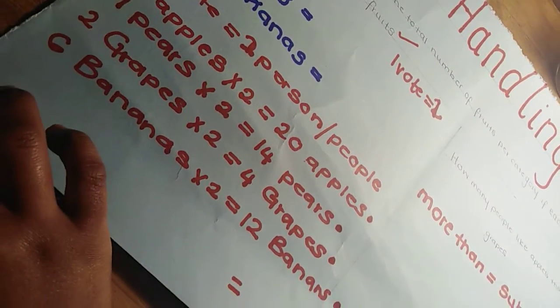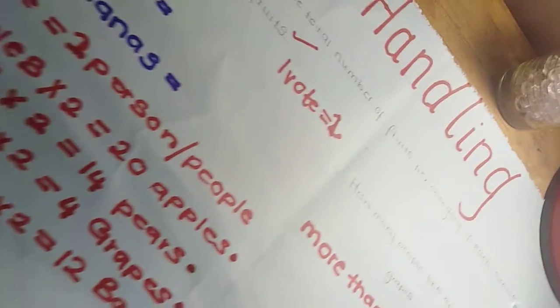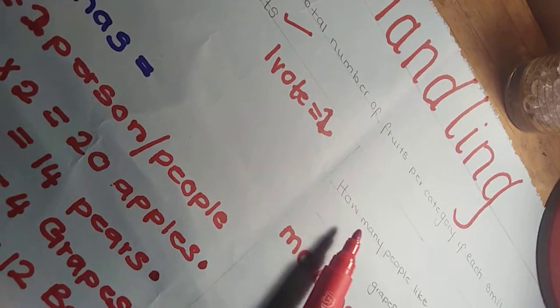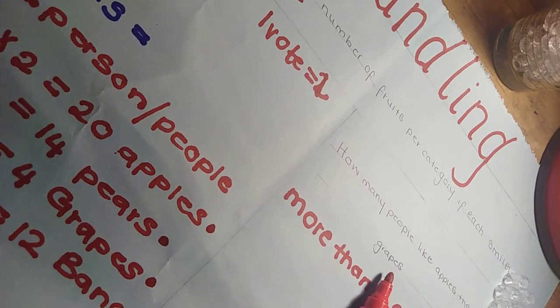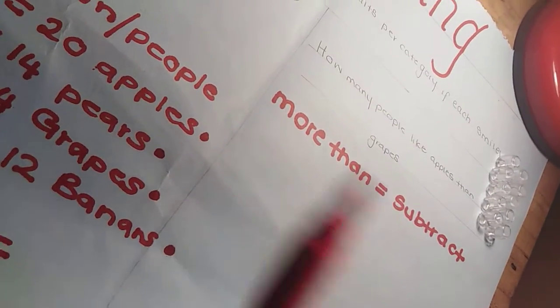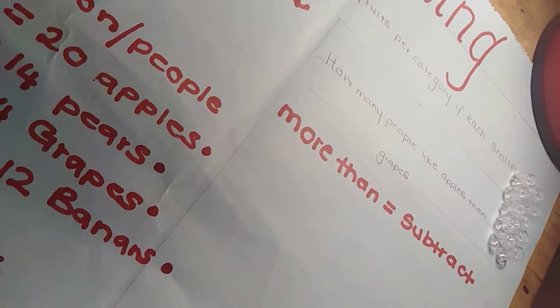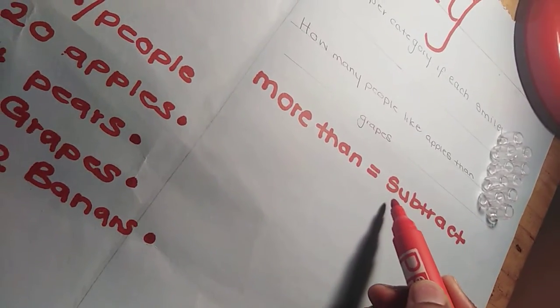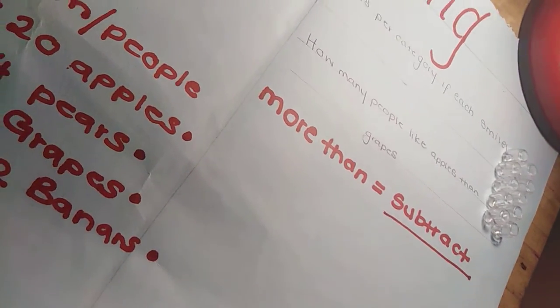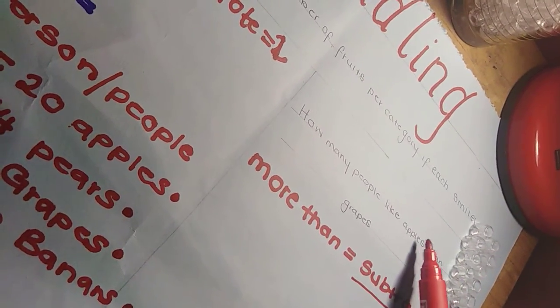Okay, let us move on to the next question. Our question says, how many more people like apples than grapes? Who can remind me what the words more than tell us? Remember, it tells us to subtract. So now we know, how many apples do we have?